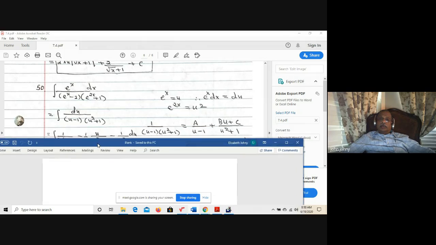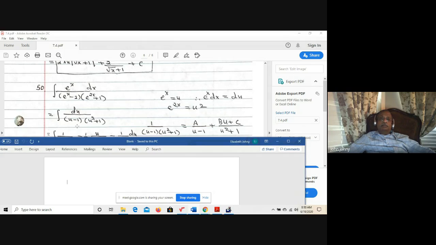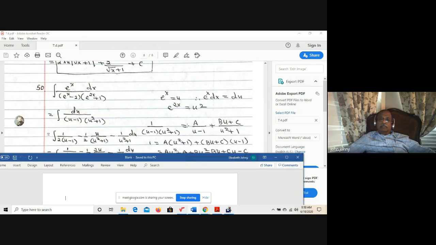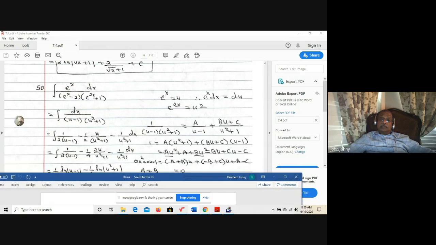Now decompose into partial fractions. 1 over u minus 1 times u plus 1 the whole square is a over u minus 1 plus bu plus c divided by u square plus 1. Multiply by the LCD, you get 1 is equal to a times u square plus 1 plus bu plus c times u minus 1, that is a u square plus a plus bu square minus bu plus cu minus c.